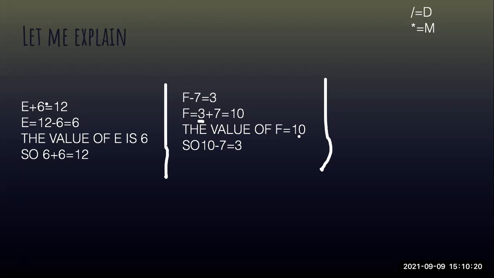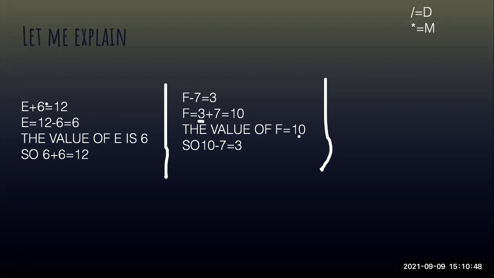When the multiplication sign moves, it becomes division. So then the remaining number 5 comes, and if we divide, we get 4. So the value of G is equal to 4.